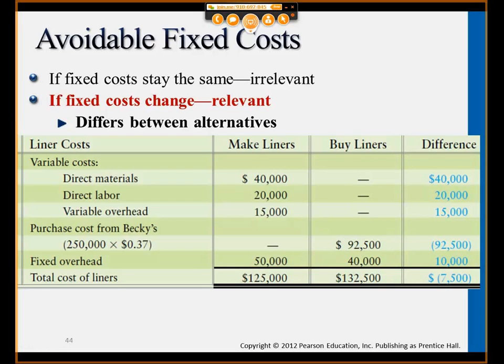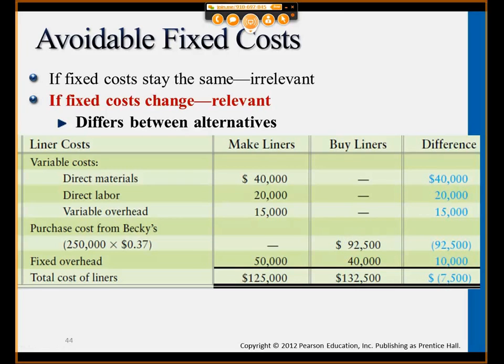It means we're outsourcing. So if we are going to buy them, that's $92,500 of excess and variable cost. We have something in addition to our variable cost. And here it's just 75. Do you see? So we have a greater number here.